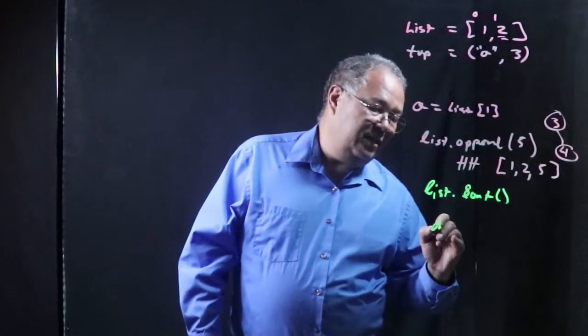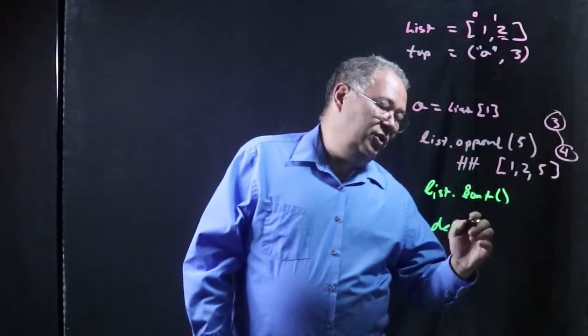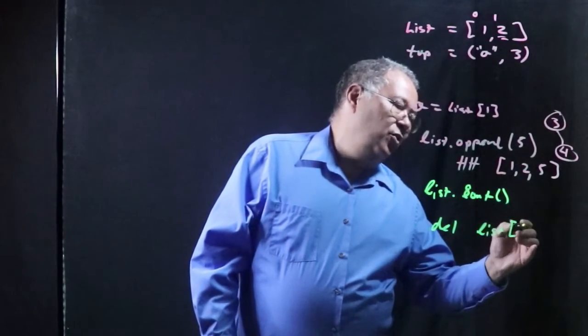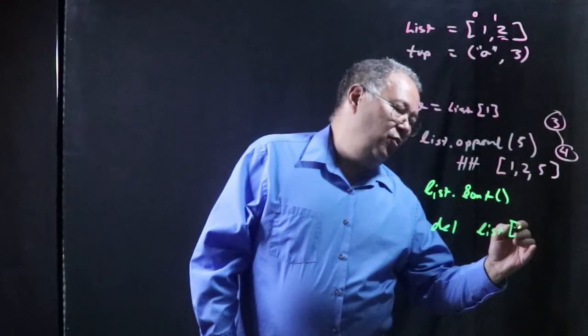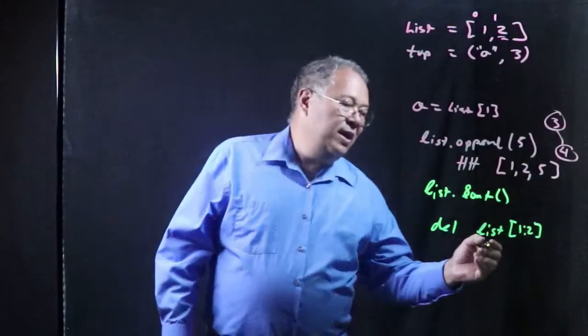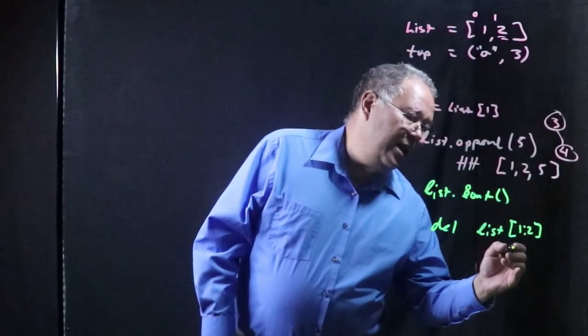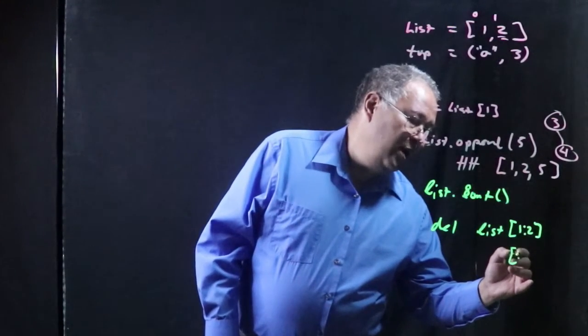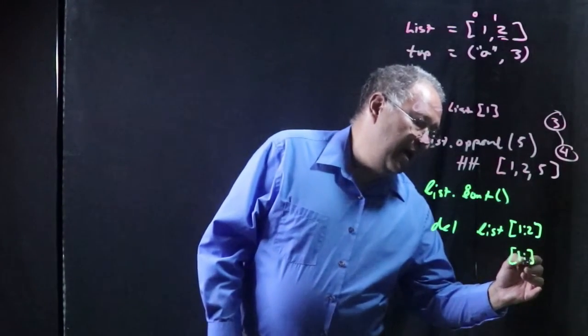Remember, we have delete, and it's not a function, it's del list. And we actually tell it the range that we want to delete. So from 1 to 2, we can take stuff out. And if we want to delete the entire end of the list, we could do, in these same square brackets, just 1 colon, and no extra value.